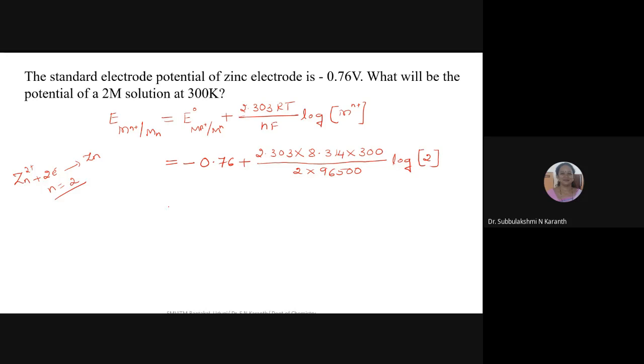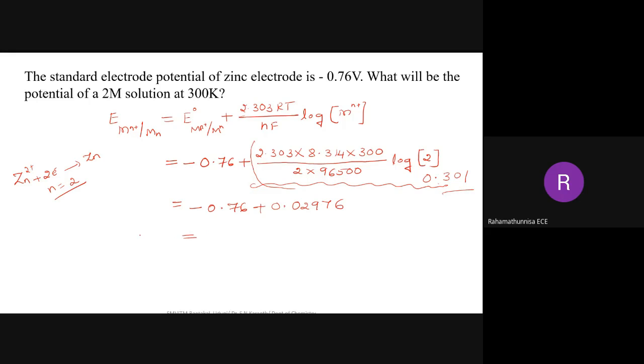See how much it becomes. Minus 0.76 plus 0.02976. Is it right?